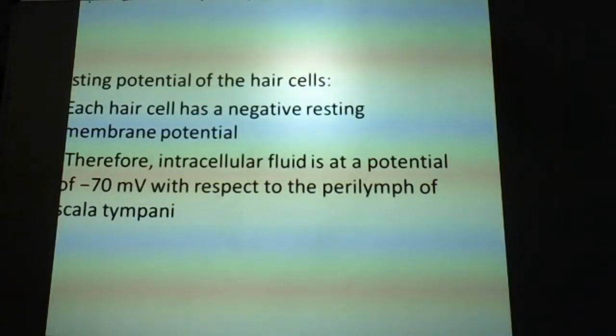There is also a resting potential for the hair cells. Each hair cell has a negative resting potential, and therefore the intracellular fluid is at a potential of -70 millivolts with respect to the perilymph of the scala tympani.